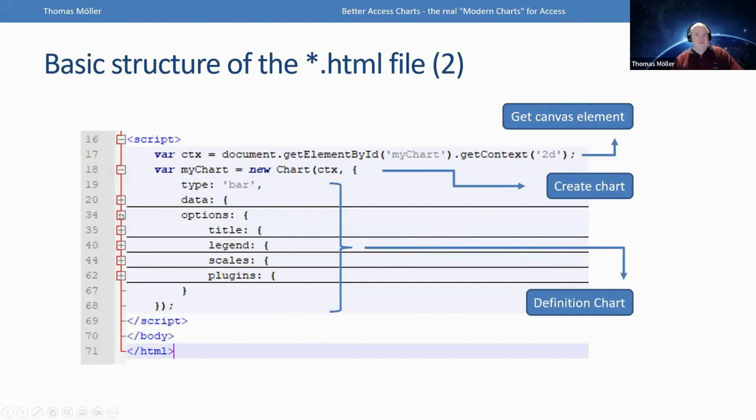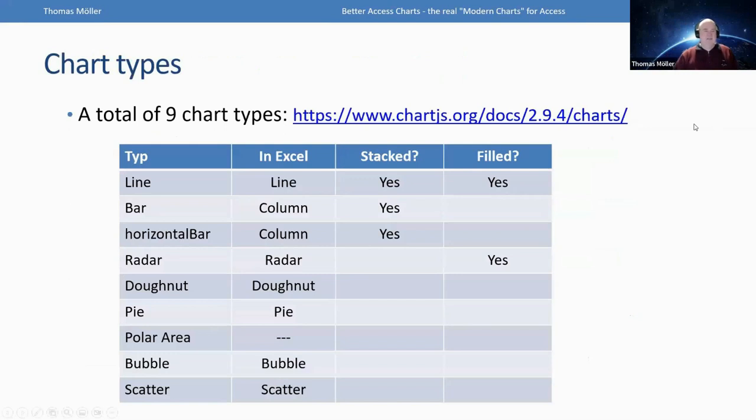I have folded the code a little bit, so we can better see the structure of what it is. So this is how we have to set up the HTML file to make it work and to bring a chart into Access.